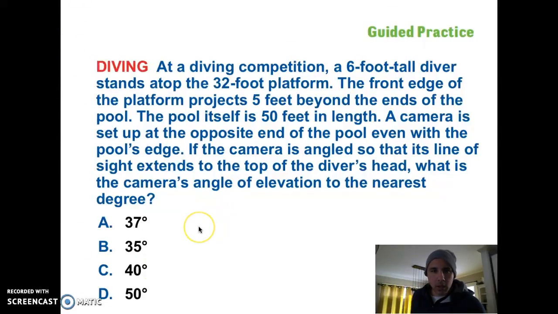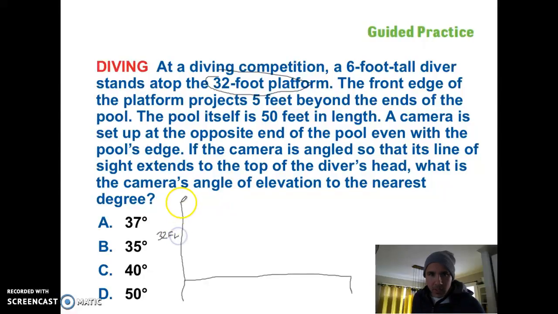Welcome back. Let me work with you on solving this problem. The first thing I want to do is reread this. I know that there is a 32-foot platform, and we're talking about a pool of water. Here goes my pool of water, and the platform is 32 feet.